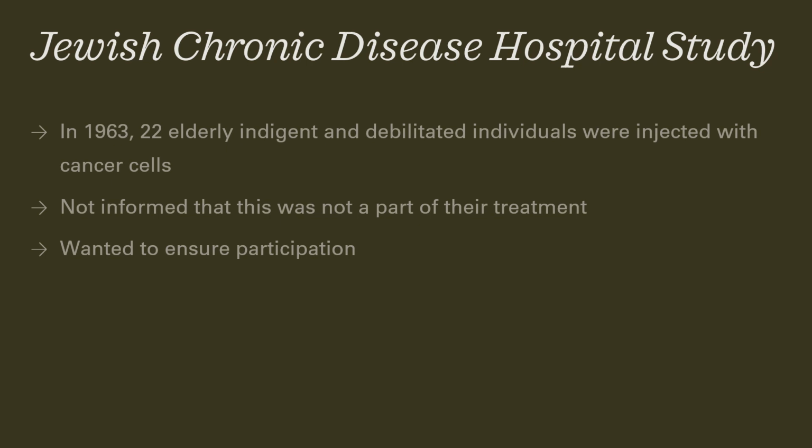Remember, these patients were otherwise hospitalized for other long-term chronic diseases. By doing so, Dr. Southam circumvented the Nuremberg Code by not giving proper informed consent of not only what they were consenting to, but also the risks and benefits.